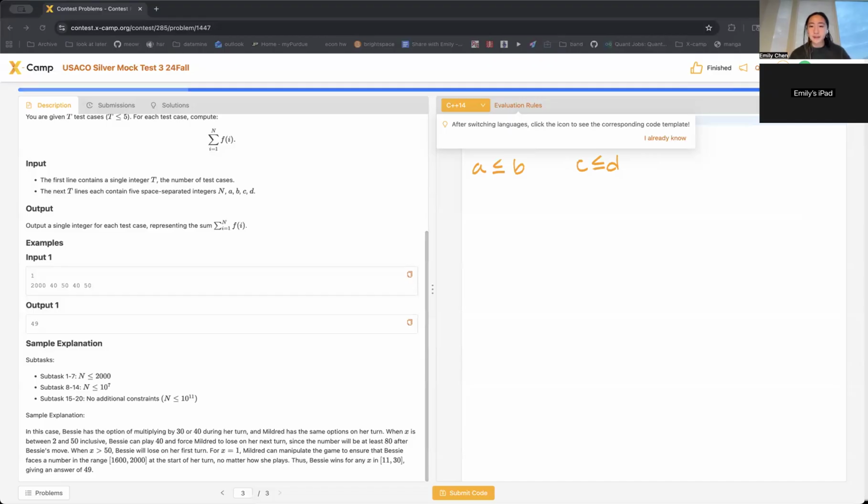Then we can notice that Bessie will lose if she starts from anywhere between the ceiling of (n plus 1) over A, and n. So anywhere between these two numbers, Bessie would lose.